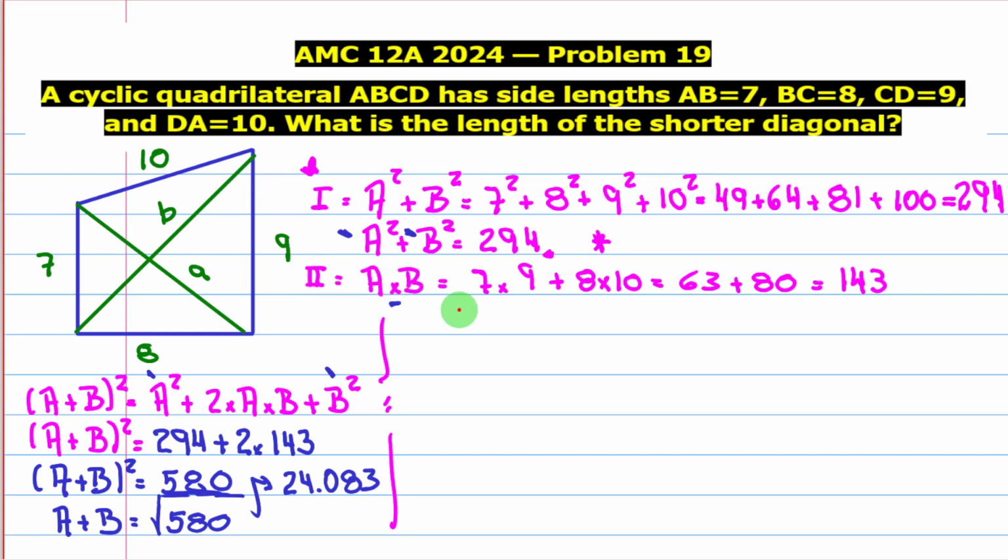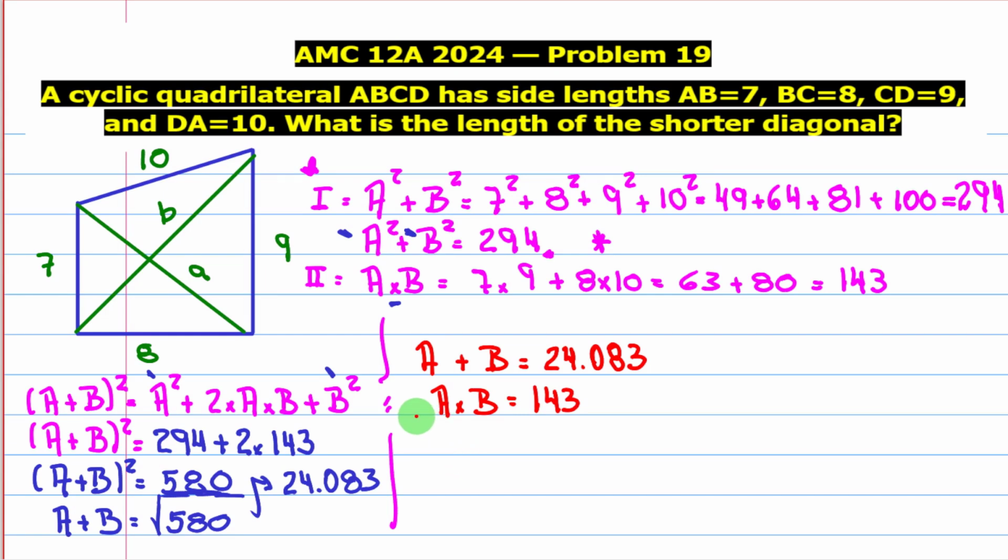One equation that's A plus B is equal to 24.083, and A times B is equal to 143.